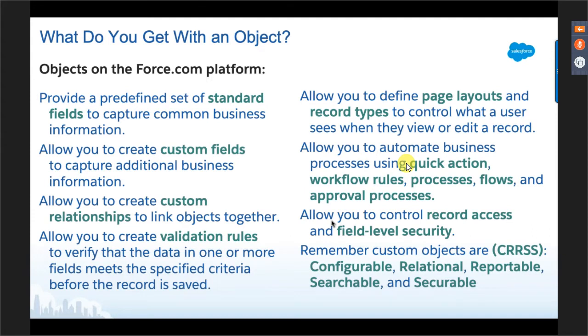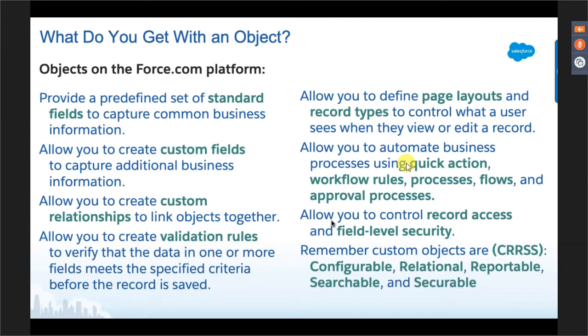So tying these objects together assumes you know how to build the object, and it assumes that you know an object is not just a table of data. So when we start talking about objects and we start digging into the meat of objects, we know objects come with standard fields, custom fields. They come with page layouts. They come with controllers or buttons that are already pre-built.